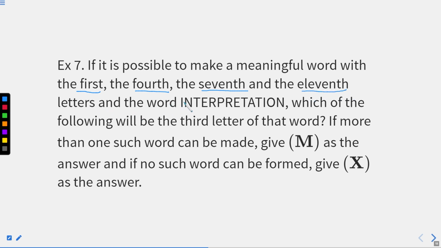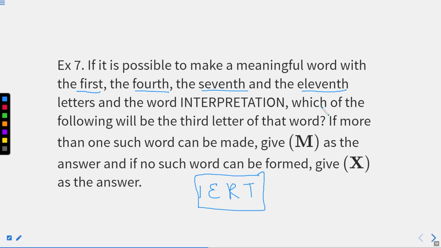So mark it out. The first letter is I. The 4th letter is E, the 7th letter is R, and the 11th letter is T. So we get our 4 letters, right?